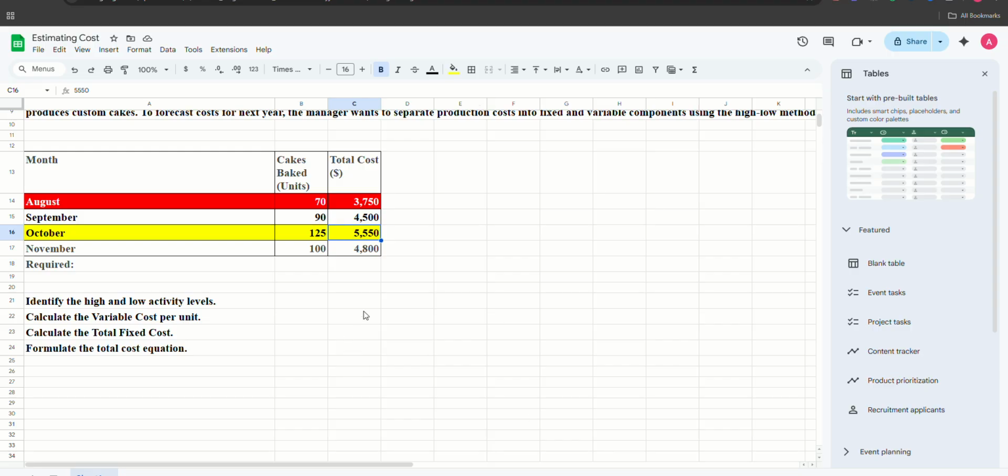So now I'm going to calculate the variable cost using a formula. So this is going to be the formula: highest cost minus lowest cost, divided by highest activity minus lowest activity.